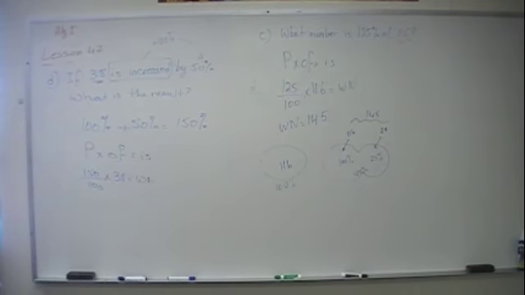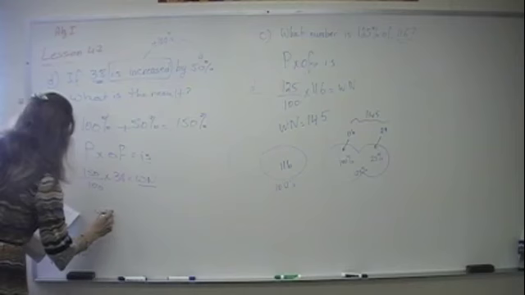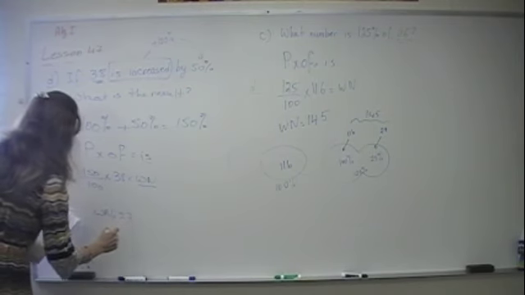If 38 is increased, what is the result? So is the missing. You multiply, and Wn will be 57.